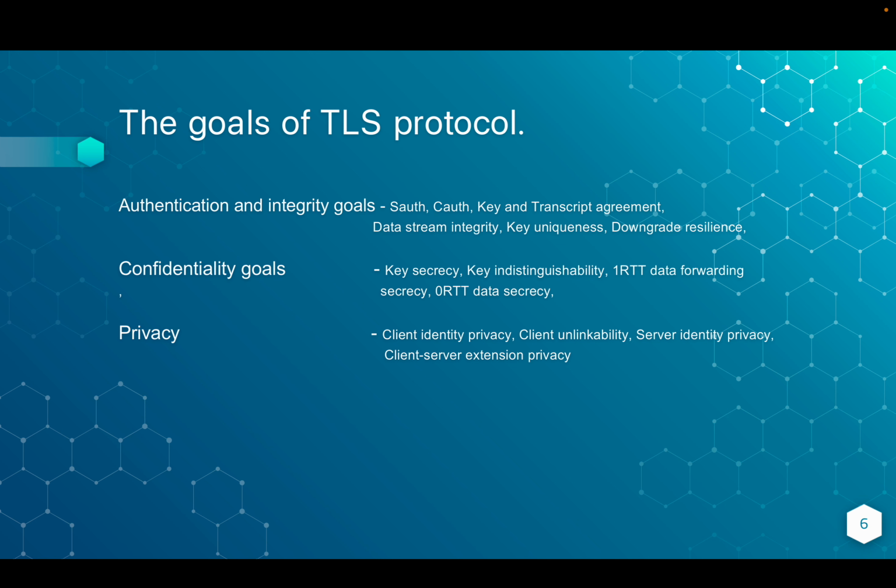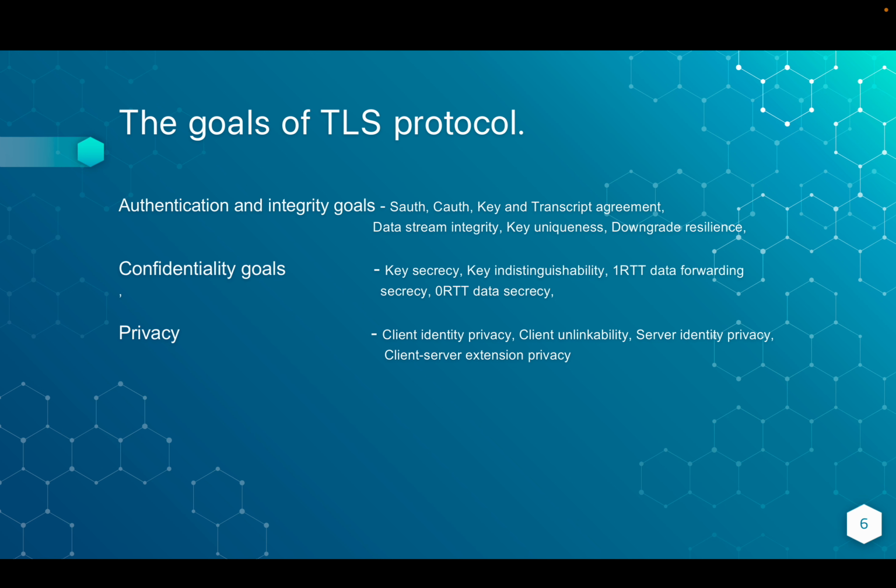SAuth means server authentication, where a client receives an encrypted message from a server, and there are two possibilities: either the server is authentic and hasn't been compromised, or the system is compromised. Next one is client authentication. This is where the client sends data to the server.